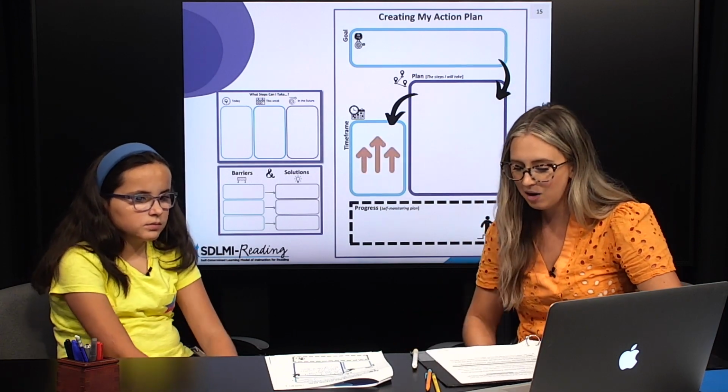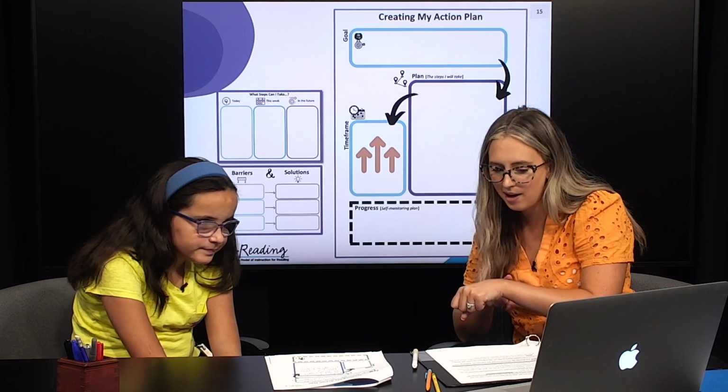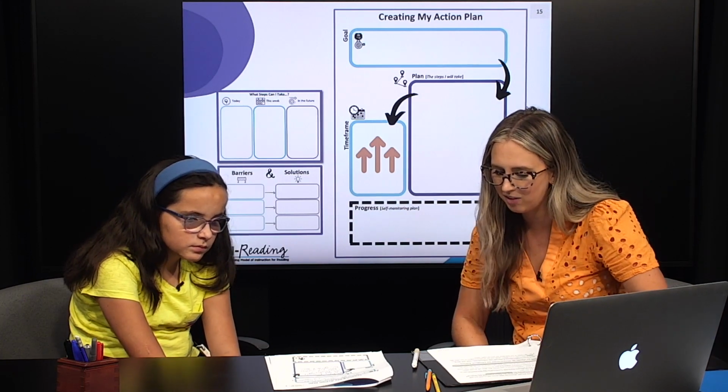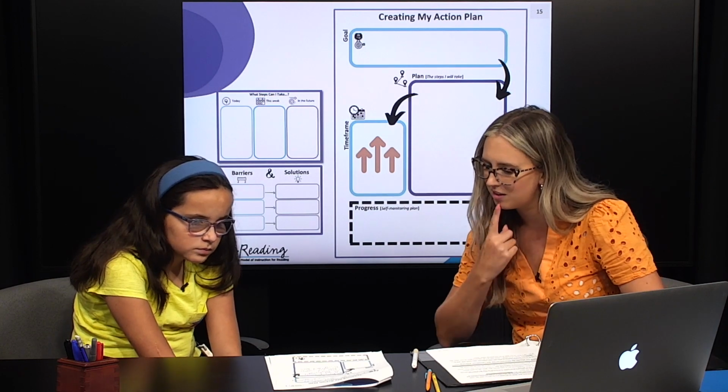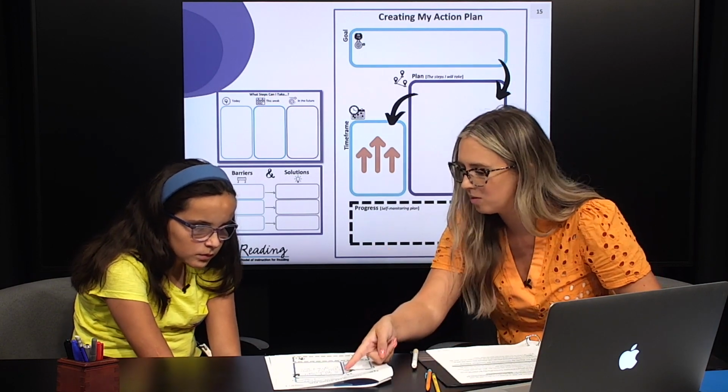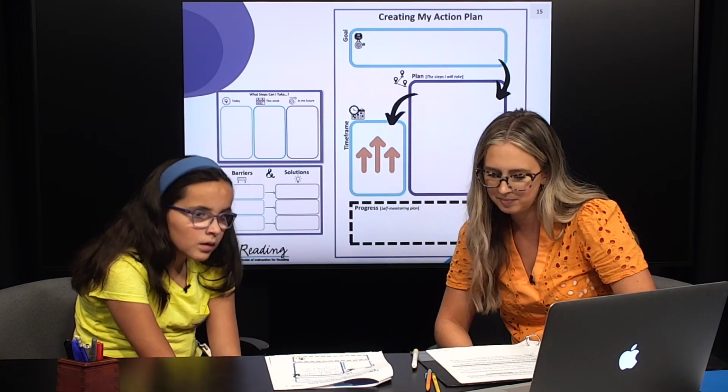So now let's think about the time frame for you to carry out this plan. When will you take action? So when do you think you will be able to maybe get a book? I think I might be able to get a book like on the weekend. Awesome. So you could start that on the weekend.